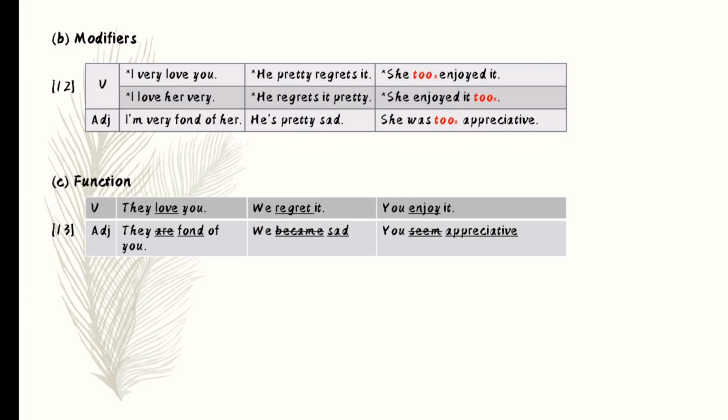Anyway, all the examples of verbs here are wrong examples. And for the adjectives, like "I am very fond of her," "he's pretty sad," "she was too appreciative," provides a very clear indication of their status as adjectives as opposed to verbs.